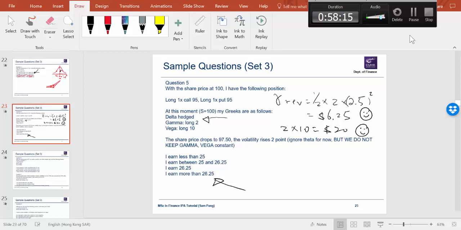Ah, okay, I get you. Well, you basically have two things in opposite directions. It is true.